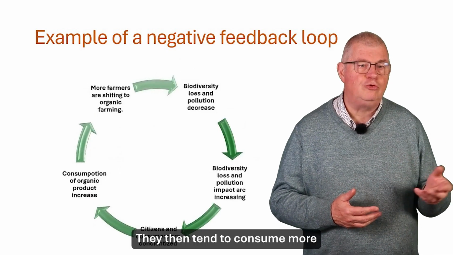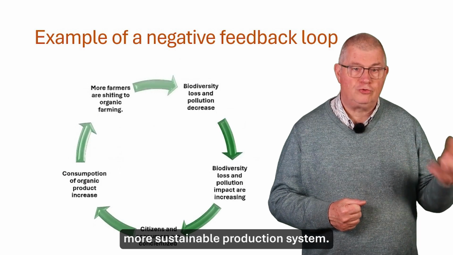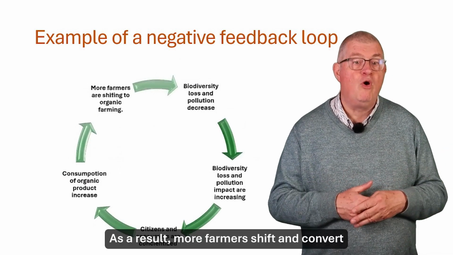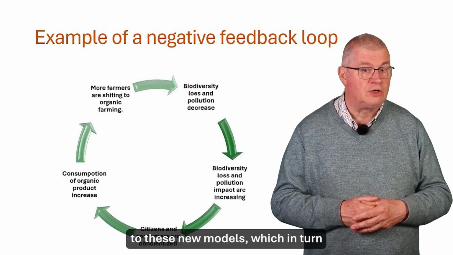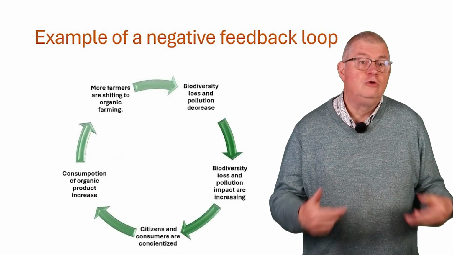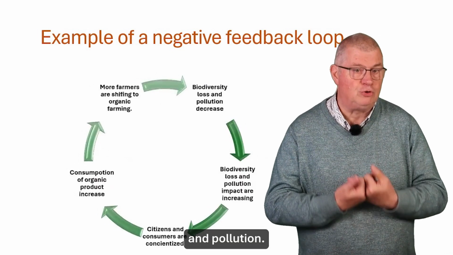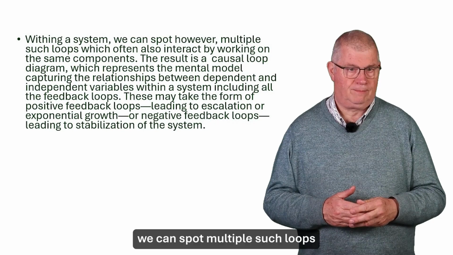They then tend to consume more organic products and support more sustainable production systems. As a result, more farmers shift and convert to these new models, which in turn leads to a reduction in biodiversity loss and pollution. Within a system, we can spot multiple such loops.